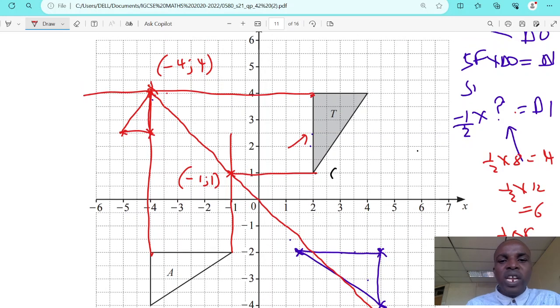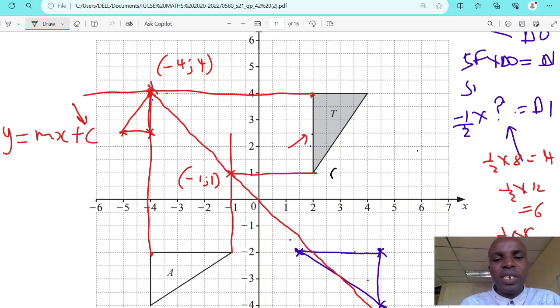Right? But how can you find the equation properly? You can use y equals mx plus c. Then c is the y-intercept. This graph passes the y-axis at y equal to 0, so c will be equal to 0. So it will be y equals mx plus 0. Then find the gradient.